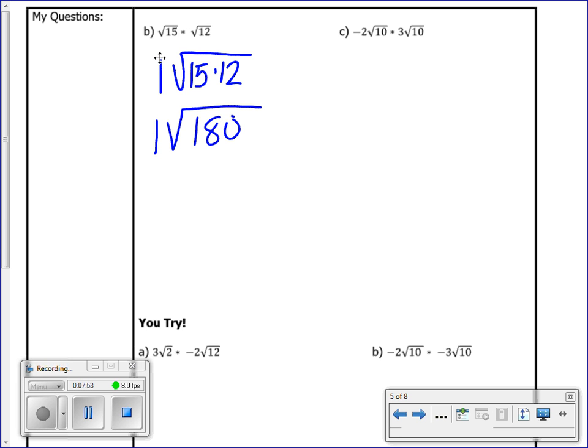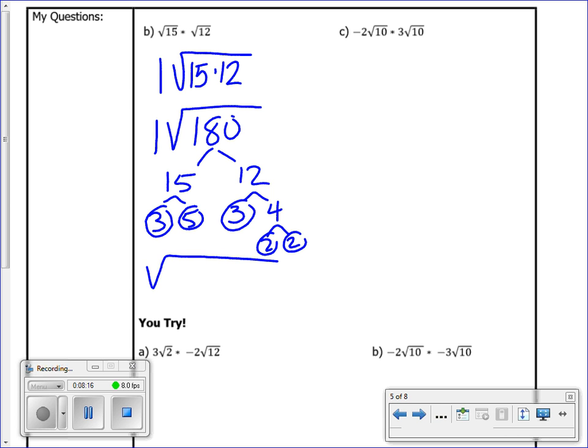And if you haven't realized this yet, two factors of 180 are 15 and 12. So you can break this right back down to 15 and 12. When you break down 15, you get 3 and 5. When you break down 12, you can get 3 and 4, and then 2 and 2.